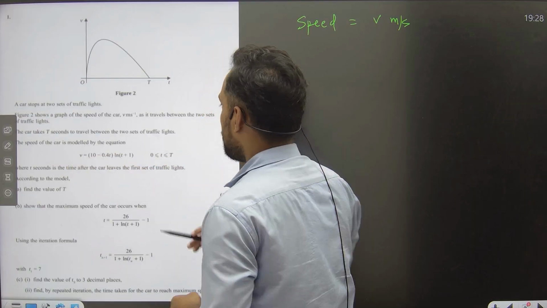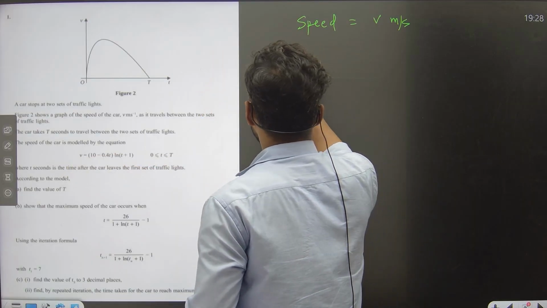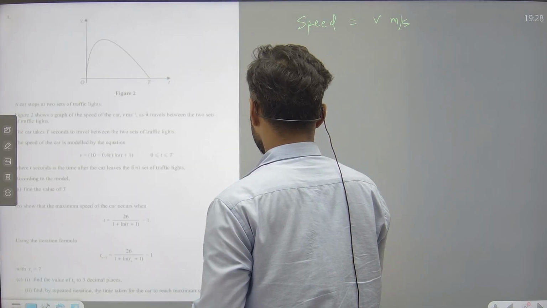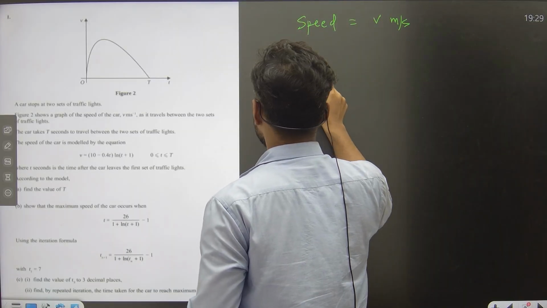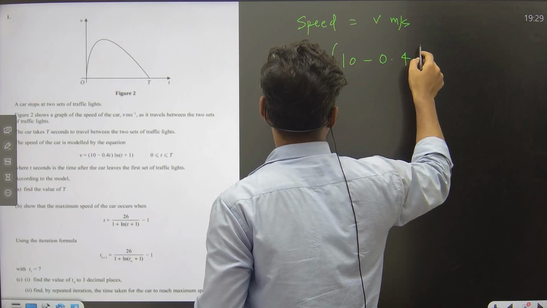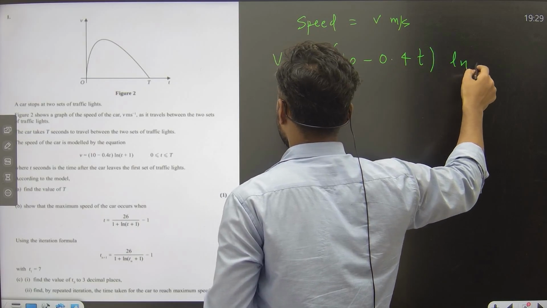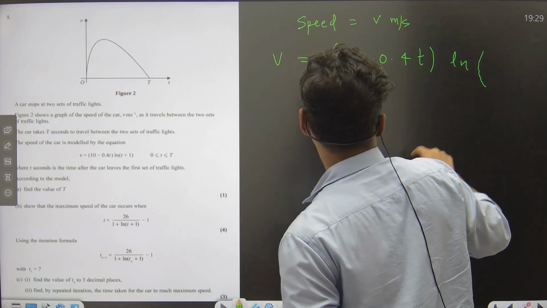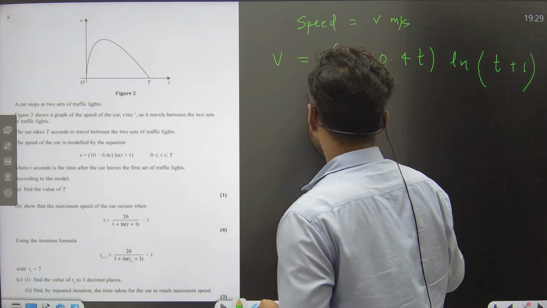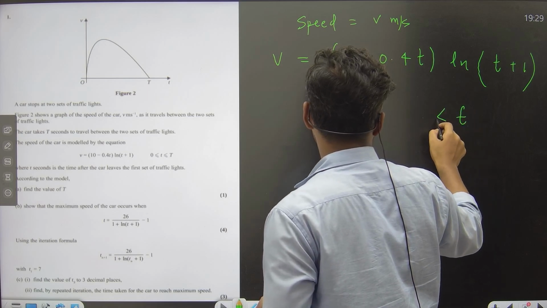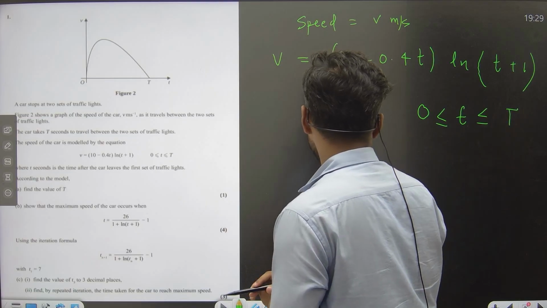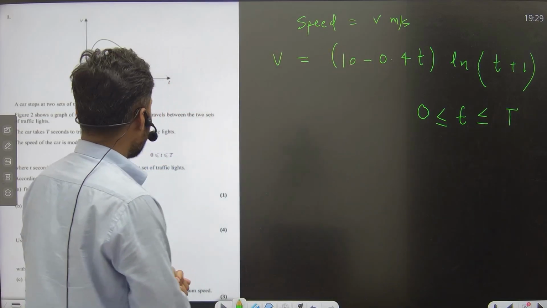The speed of the car is modeled by the equation v = (10 − 0.4t) ln(t + 1), where t is in the range 0 ≤ t ≤ T.